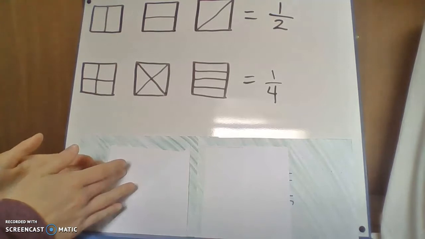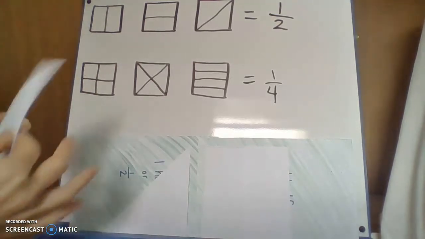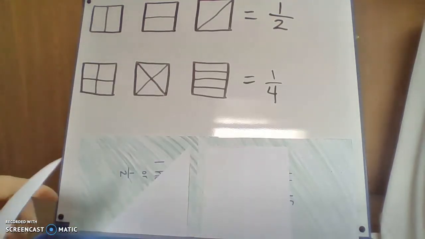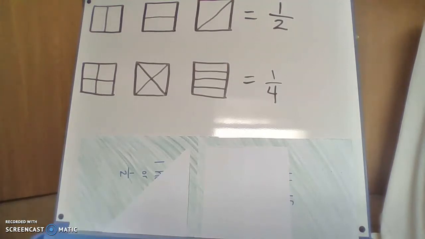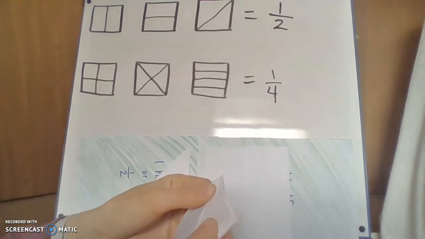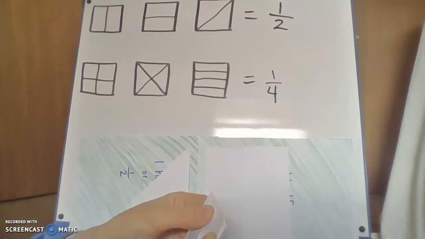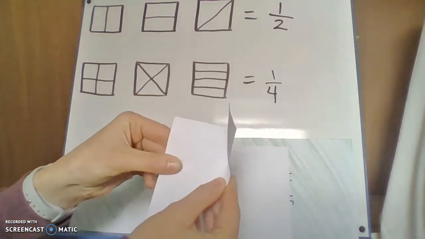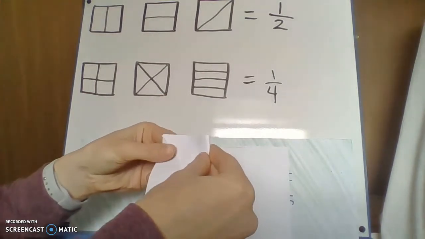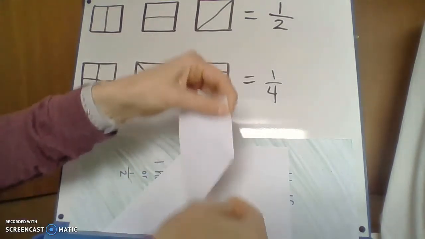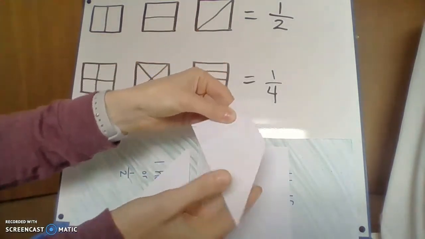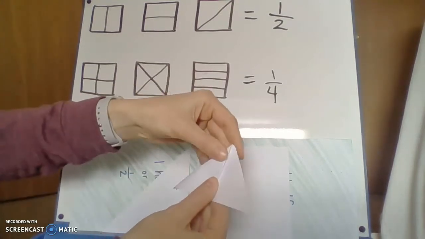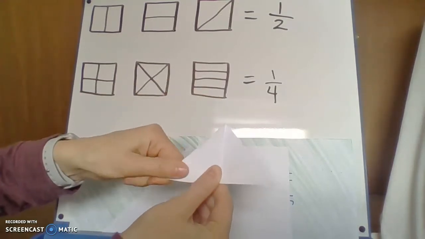So if I take this piece of the triangle and fold it, I have to make sure I fold it the right way. You kind of fold it into fourths. I folded it this way, and then you fold it this way. Looks like another little triangle.